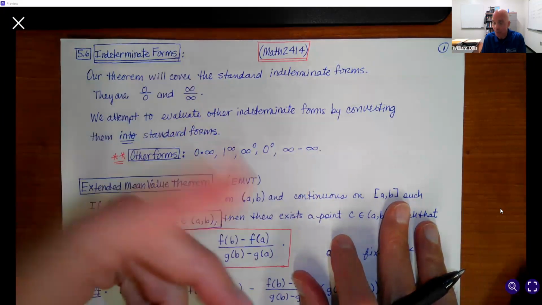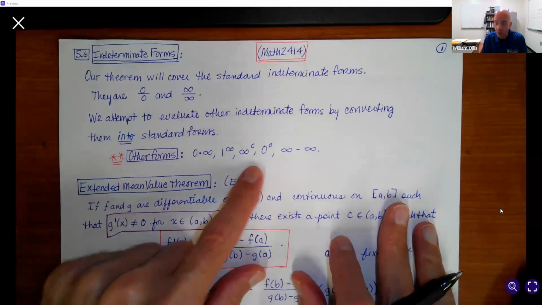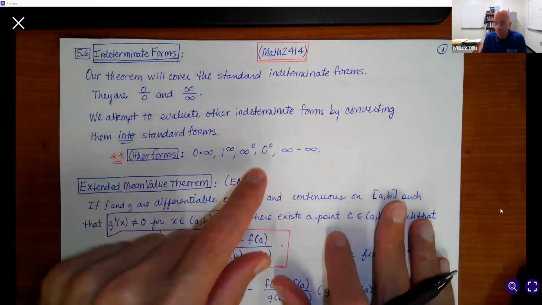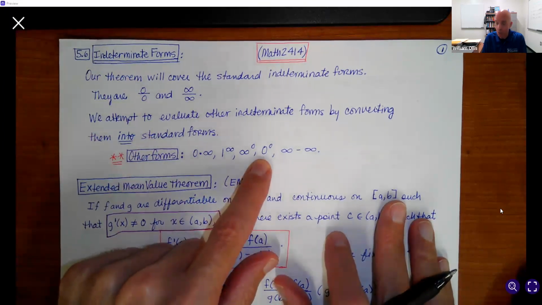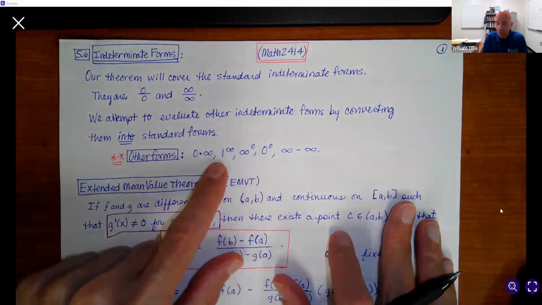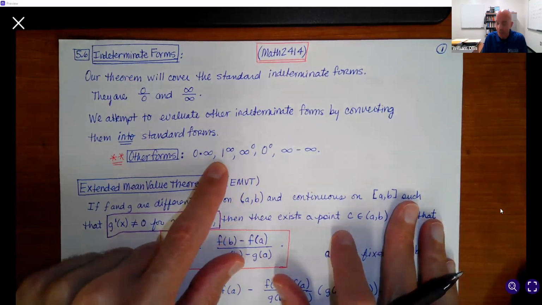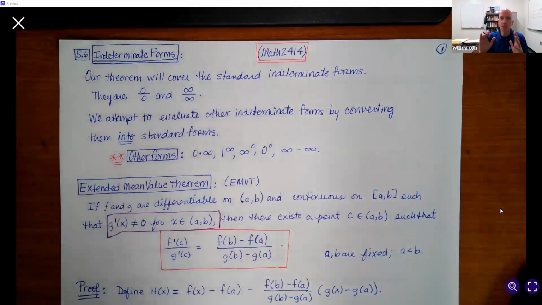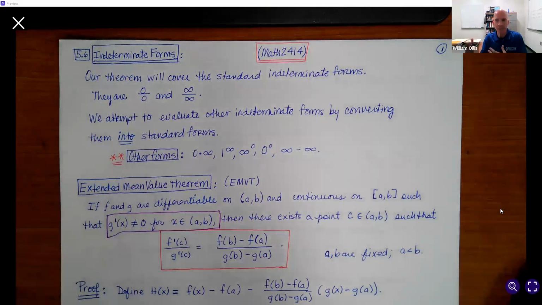No pun intended. Some other forms that do not give us a determined conclusion will be 0 raised to the 0, infinity raised to the 0, 1 raised to the infinity. I mean, we really don't know what that is. If something is close to 1 and the power is becoming infinite, we don't know.